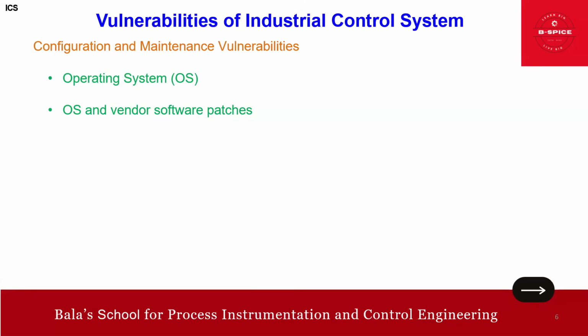Of course, we have to. The duration required for this testing and subsequent distribution of the software can create a prolonged window of vulnerability. So the point is, vendor software patches need to be addressed.